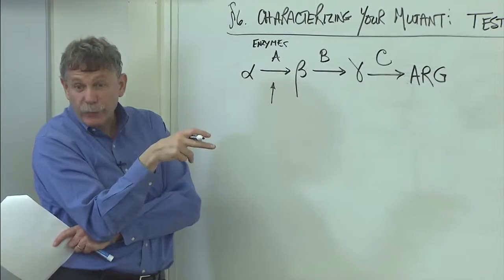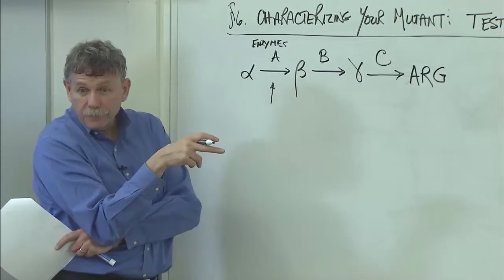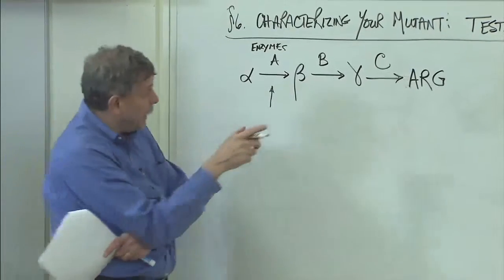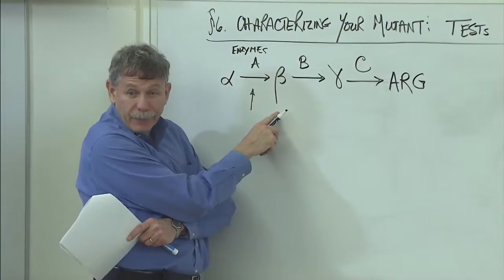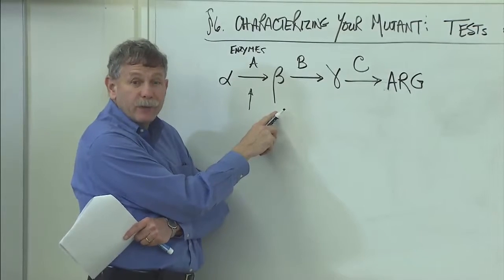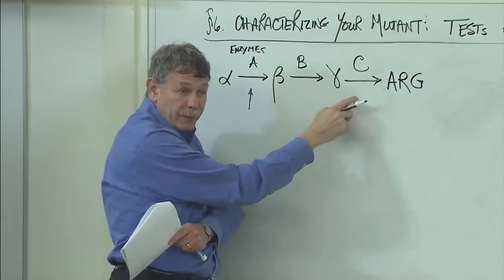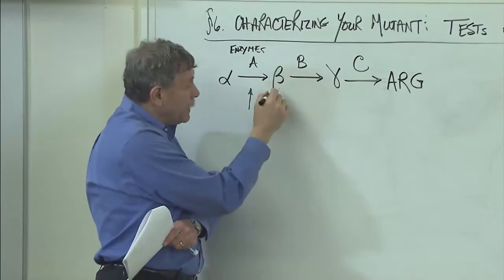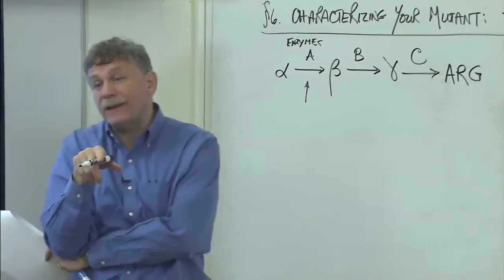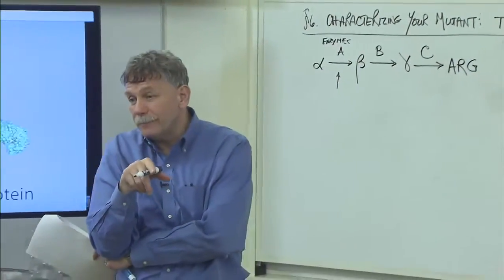If I gave it arginine, that would rescue it. But I can give it beta, and it might rescue it. If I thought I knew what the pathway was, alpha goes to beta, goes to gamma, goes to arginine, maybe I could give it a supplement of beta, and it would rescue it.